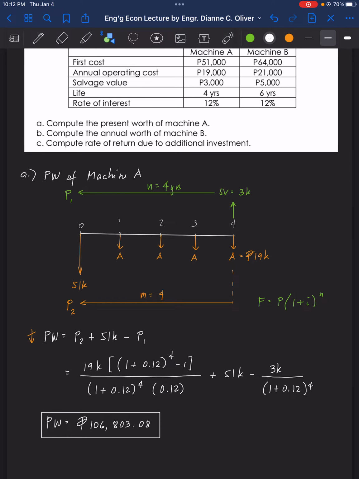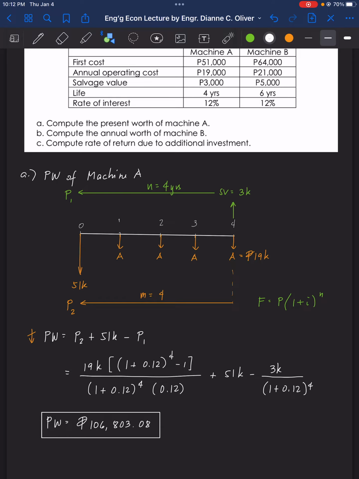So B, annual worth of machine B. For the annual worth, we need to find the depreciation cost.